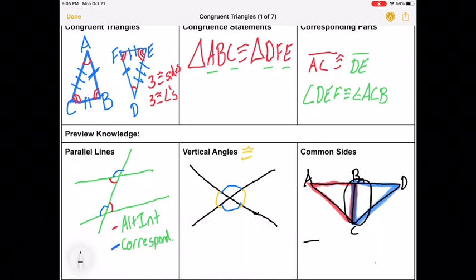So line BC is congruent to line BC. Seems simple, which it is, but you still have to write it. Whenever we get to proofs, this is the property that we never got to use before. So this is the reflexive property.